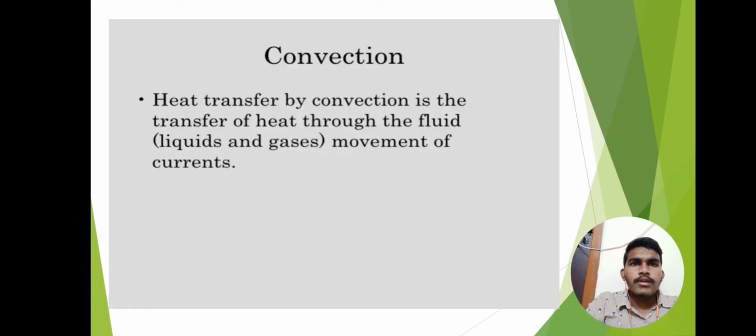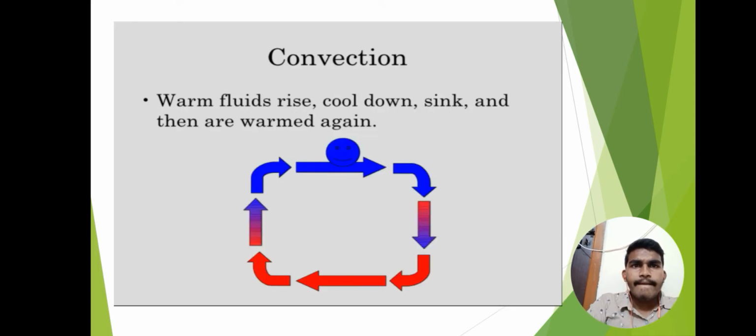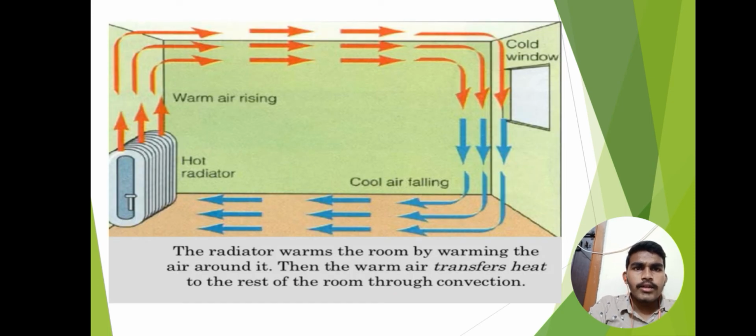Convection. Heat transfer by convection is the transfer of heat through the movement of fluid currents, liquid or gases, as we discussed in the previous slide. Warm fluids rise, cool down, sink, and then are warmed again. Here is a diagram of convection. The radiator warms the room by warming the air around it.